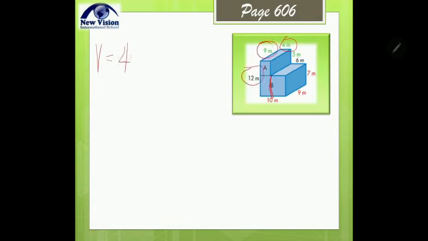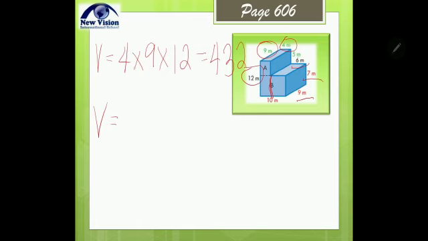So we will multiply 4 times 9 times 12. 4 times 9 times 12 is equal to 432. Next, for our prism B, we have 6, 7, and 9.